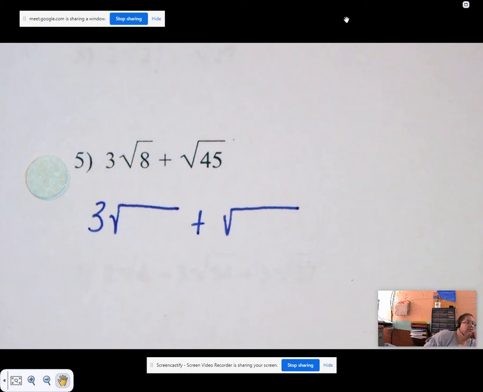Remember to divide by those perfect roots to find your perfects.